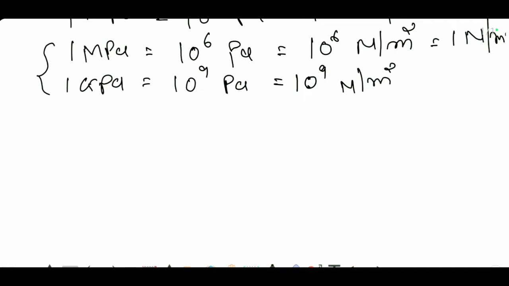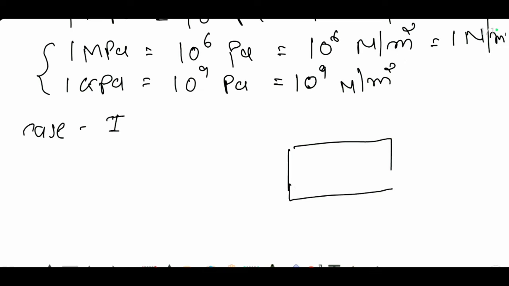Let's consider case 1. This is our body, with a load acting axially, not at some other location. If it acts at a different location like this, then it's called eccentric loading.